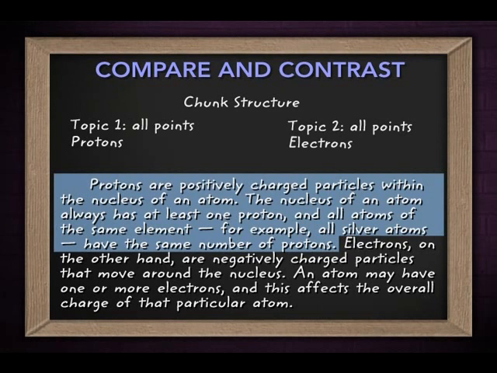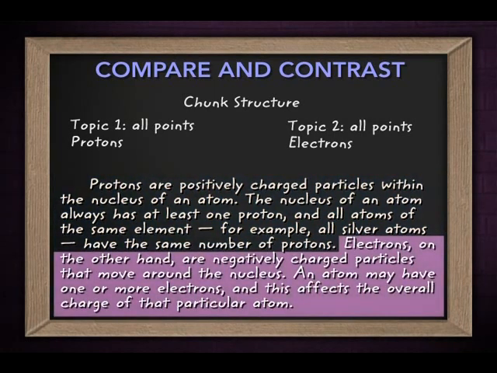That sentence and the next sentence, the nucleus of an atom always has at least 1 proton, and all atoms of the same element have the same number of protons. For example, all silver atoms have the same number of protons. So the first 2 sentences of the paragraph are all on protons. The last 2 sentences are all on electrons.